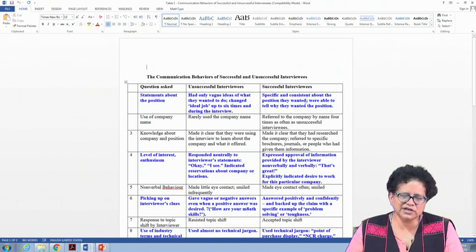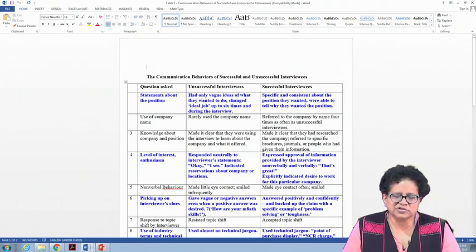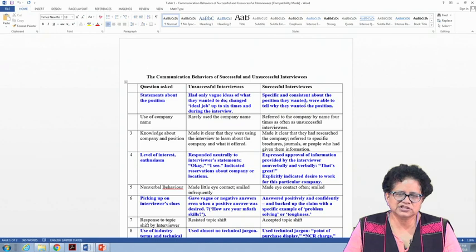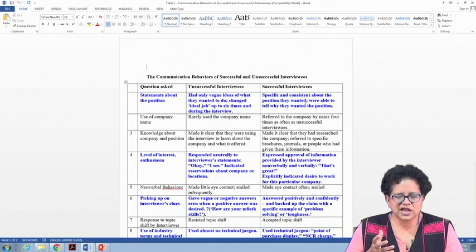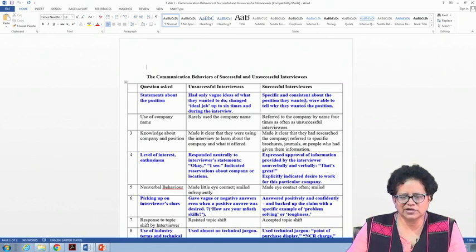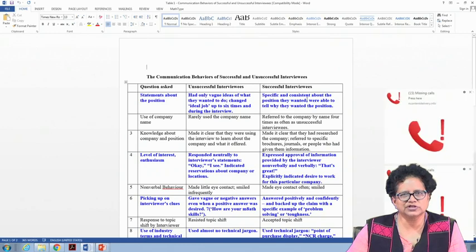A successful interviewee, on the other hand, would be specific and consistent about the position he or she wanted, and successful interviewees were able to tell specifically, consistently and concretely why they wanted the job and the position they wanted to occupy.